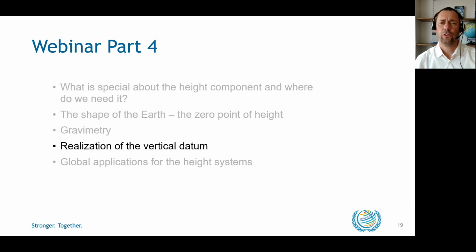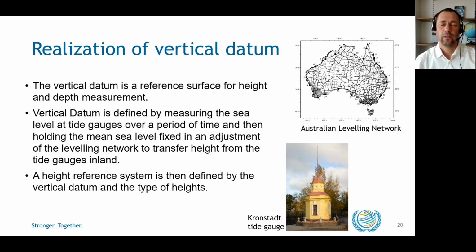Now we can turn to the realization of the vertical datum. Having discussed the geoid, the physical shape of the Earth, sufficiently, we can introduce the vertical datum, the reference surface for height and depth measurement.